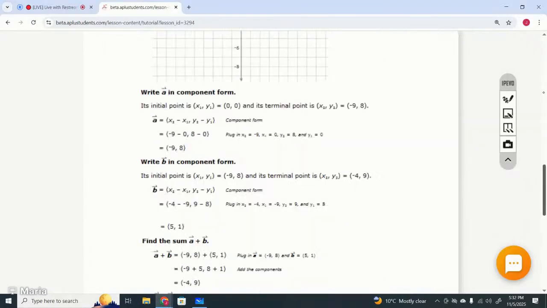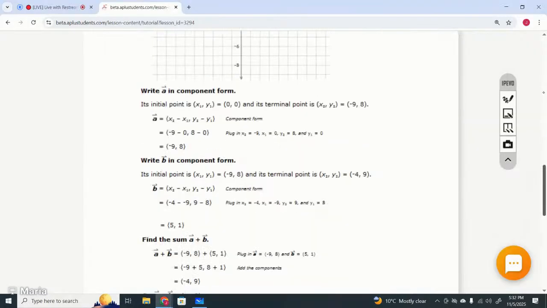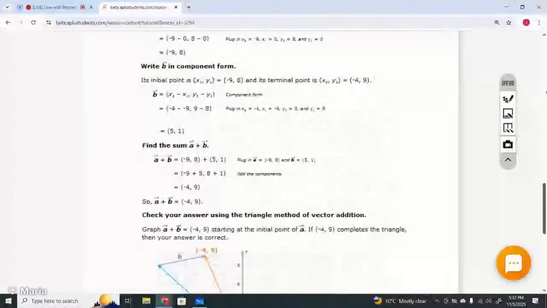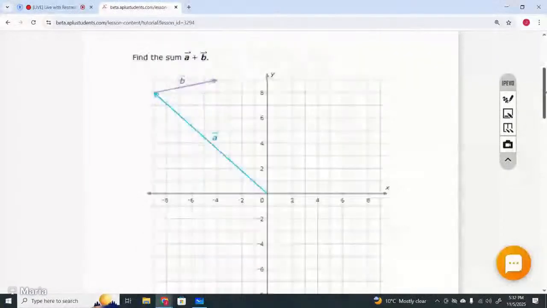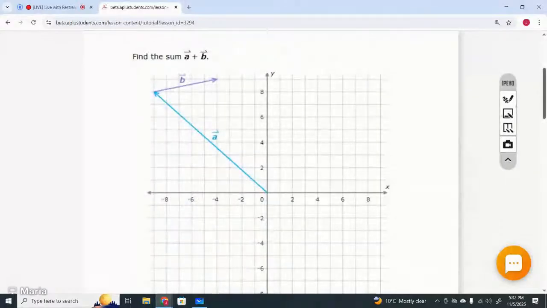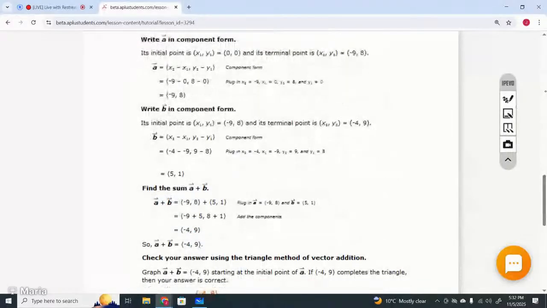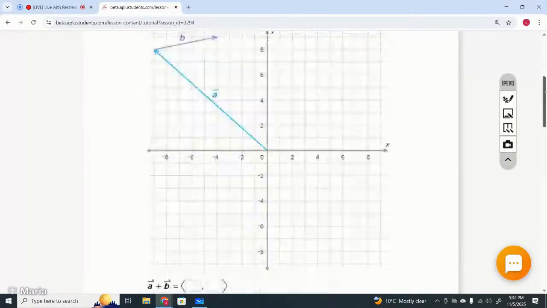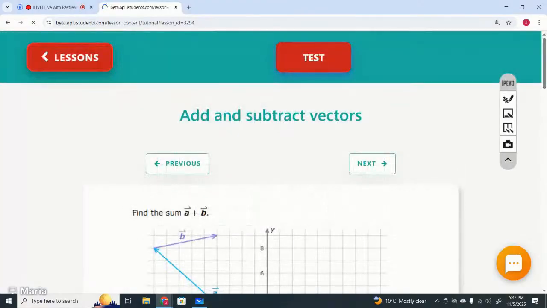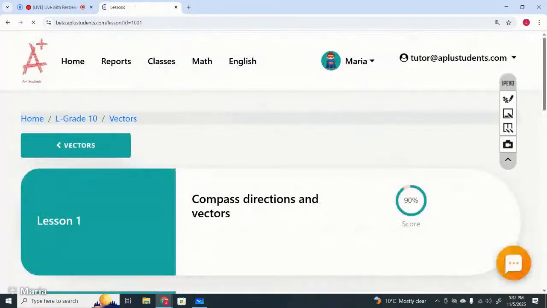The correct option is, yes, it is -4 and -9. Okay, you can complete the lesson by yourself later today. Let me just move on to the next lesson.